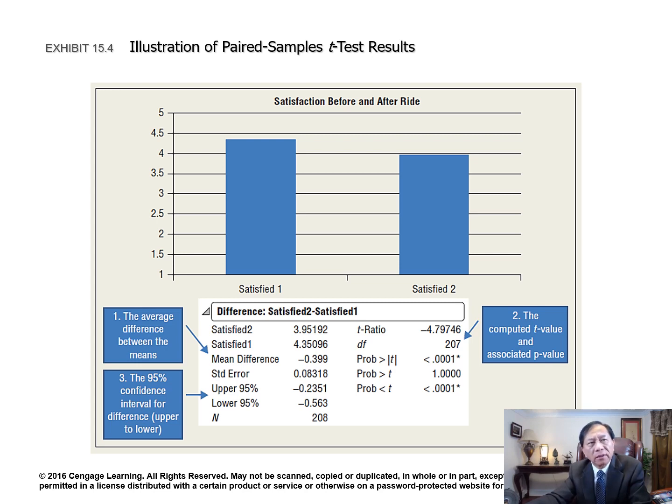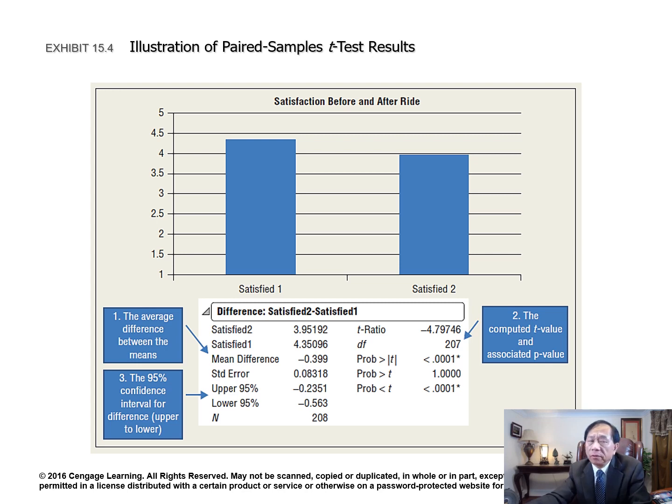And the satisfaction level here, average satisfaction before and after. The average difference between the means is here, the mean difference. Satisfaction 1 is 3.95, and satisfaction 2 is 4.35. So before they are a little more satisfied, but after a little bit less satisfied.